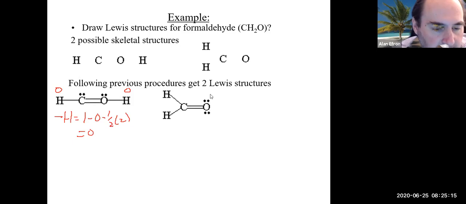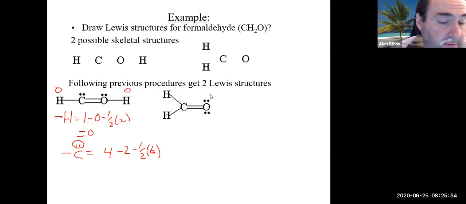If we do our carbon that's there, in this case, we have 4 for carbon minus our 2 non-bonding electrons here, minus 1/2 of our 2, 4, 6 electrons there. And that's 4 minus 2, which is 2, minus 3 is -1, if I'm not mistaken.